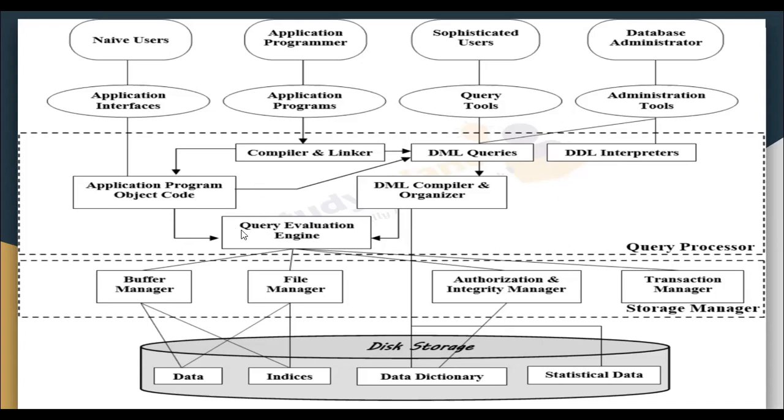Then there are the buffer manager, file manager, authorization and integrity manager, and the transaction manager. This is called the query processor, and this is called the storage manager. These are the two middle parts in this architecture.